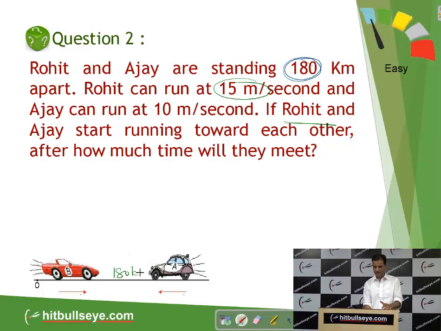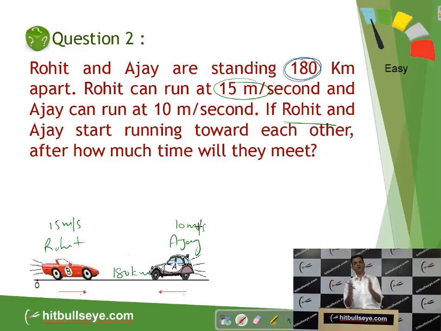Suppose I have written here distance is 180 and this is Rohit, speed is 15 meter per second, and here it is Ajay, and what is speed? 10 meter per second. Now both the bodies are moving from opposite direction. Now what we'll do, we will add their relative speed.